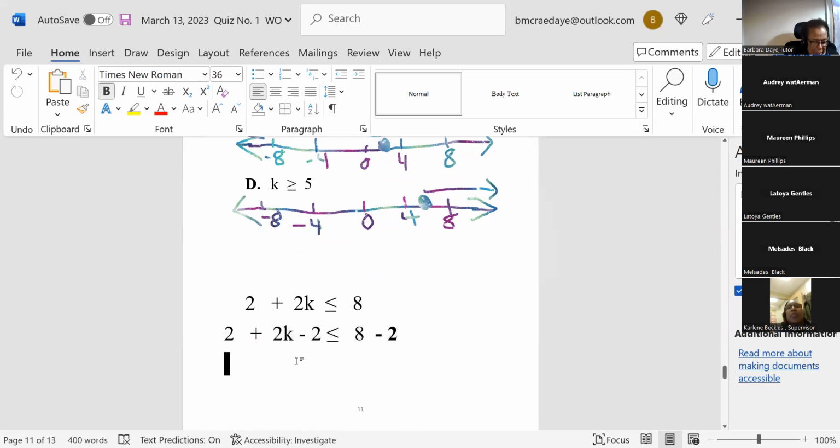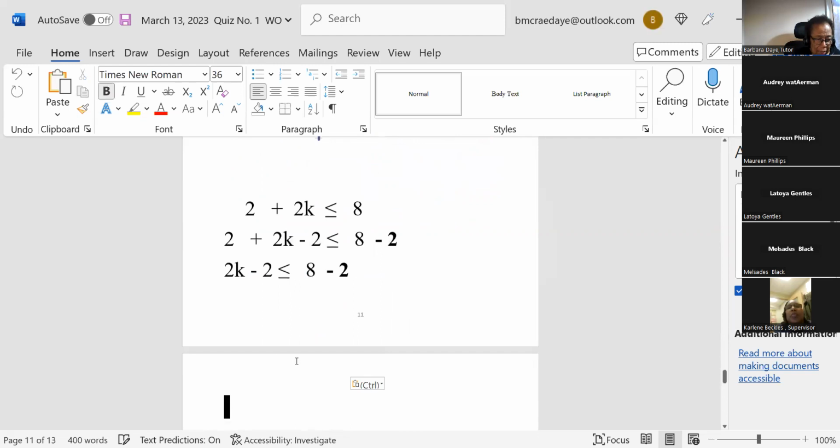So on the left side, you just have 2k left. The plus 2 minus 2 is 0, so let's take that out. And 8 minus 2 is what? 6. Yes. So this is then 2k less than or equal to 6.